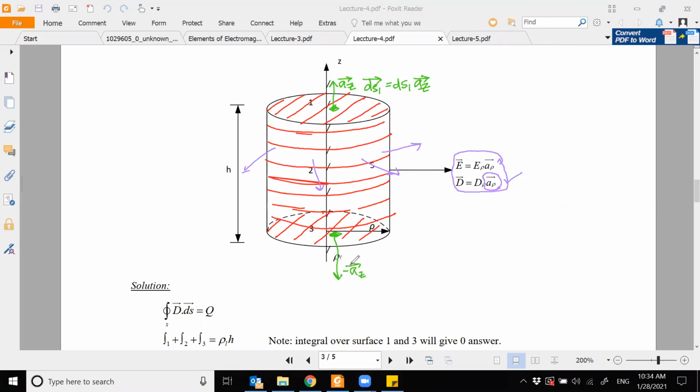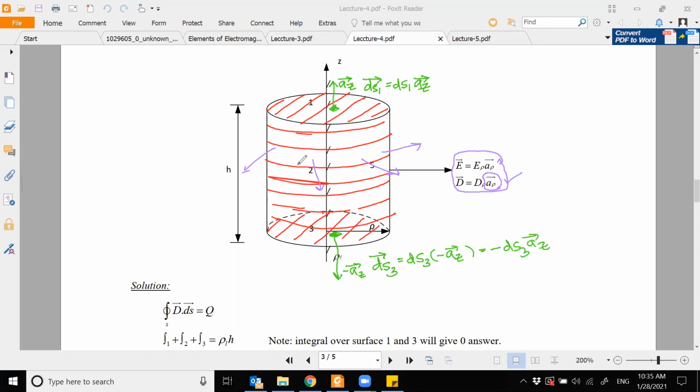So my DS3 vector will be equal to the elemental surface value DS3 times its unit vector, minus az. So this will be equal to minus DS3 az.